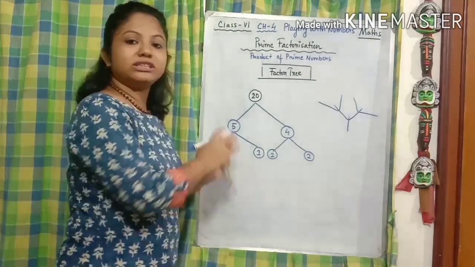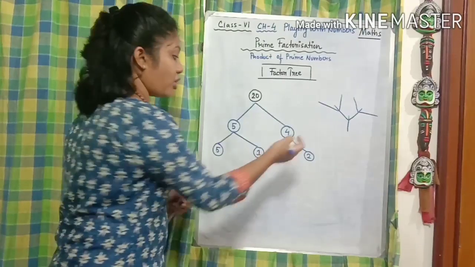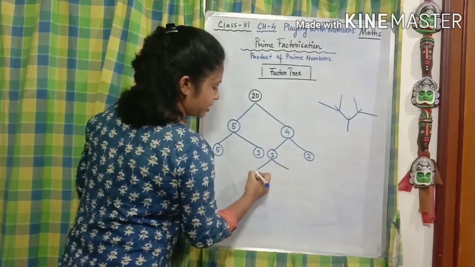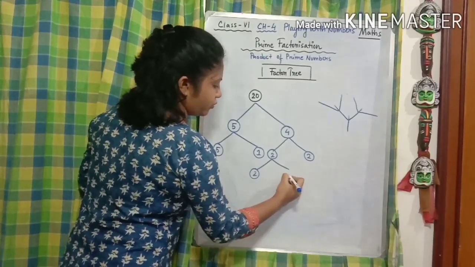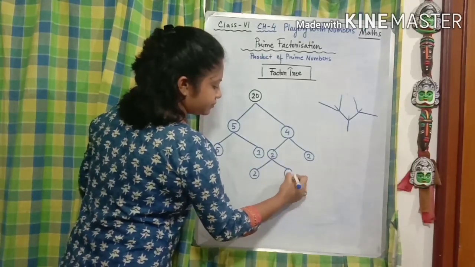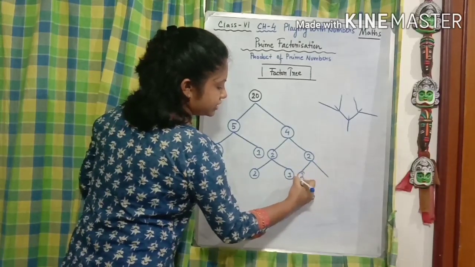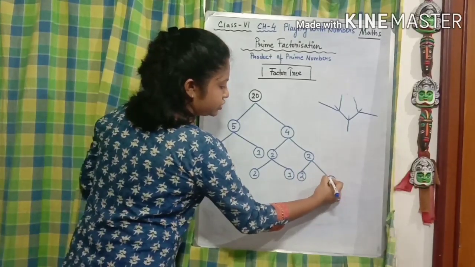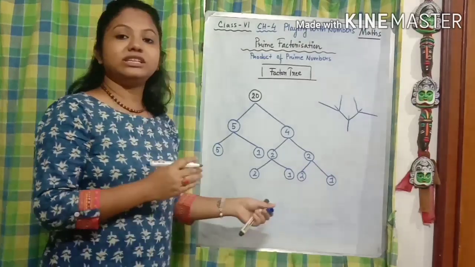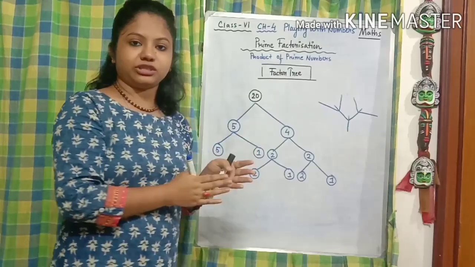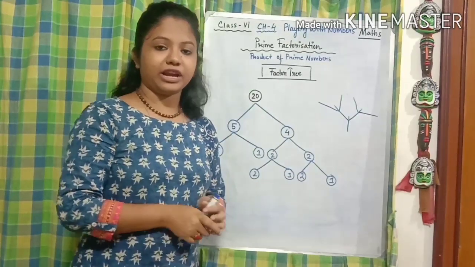So this is how we do the branching, or further you can do more branching, like 2 ones are 2, 2 ones are 2. So this is how we do the tree branching, or factor tree, and we can find out the factors from here.